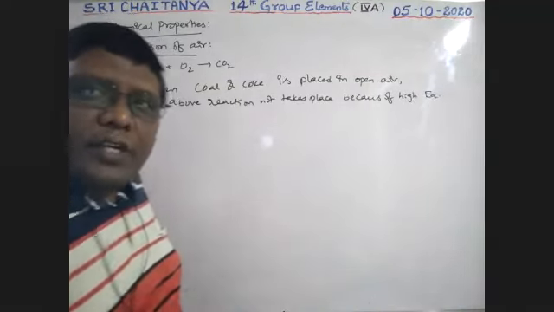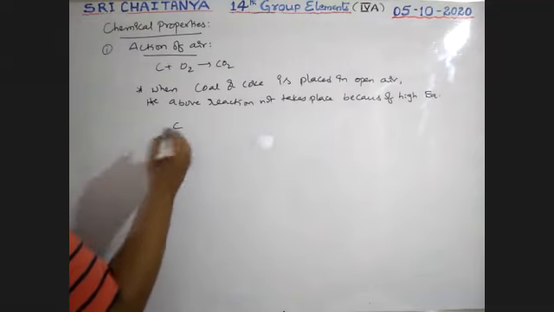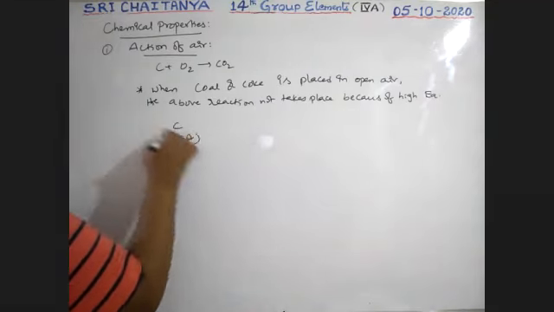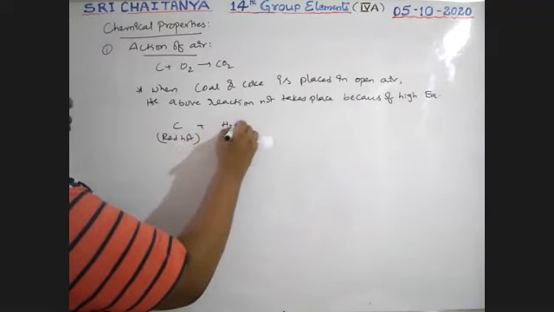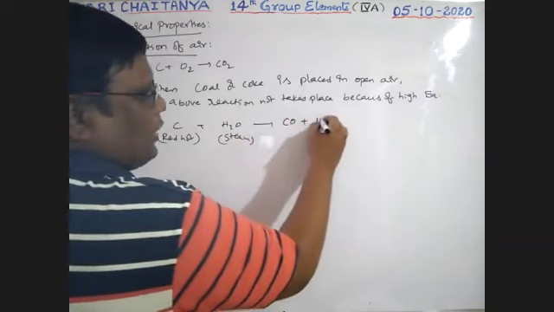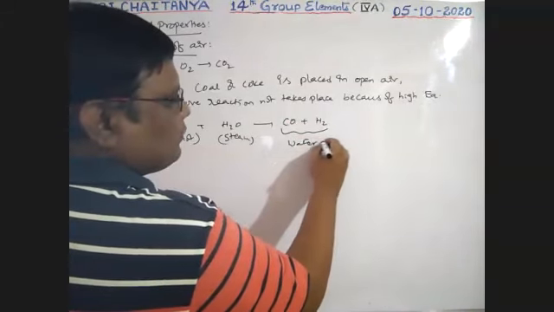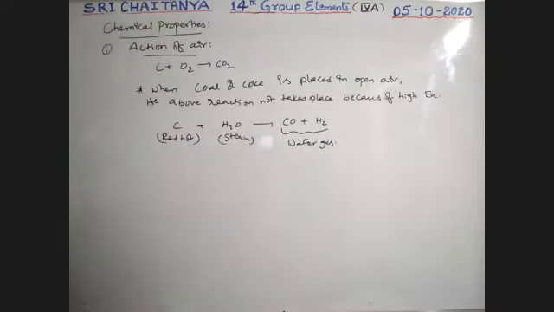But in hot condition, when coal or coke is red hot and steam is passed, it gives carbon monoxide and H2. This mixture is called water gas.